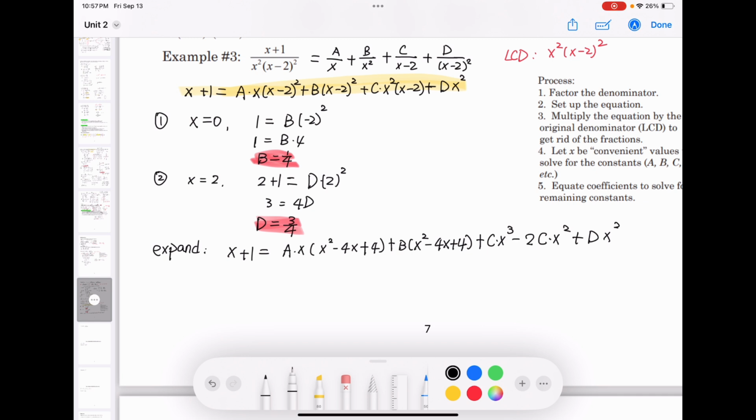Sorry, I haven't finished clearing the parentheses. So distribute the ax in the parentheses.